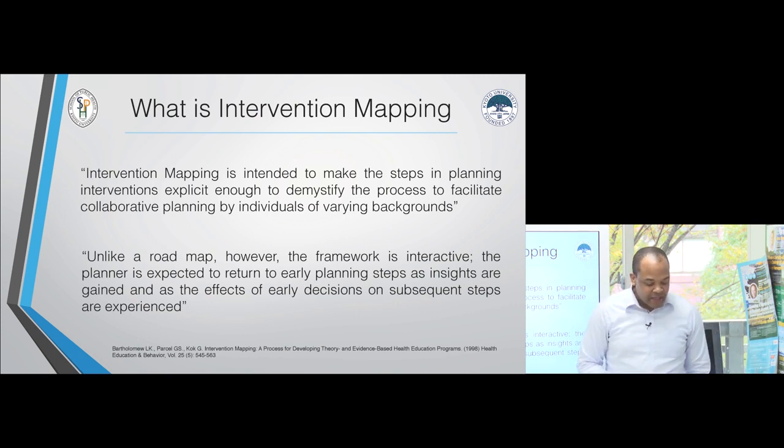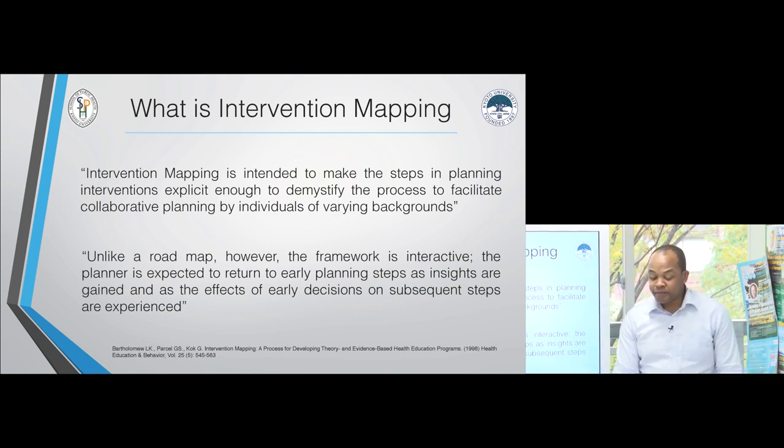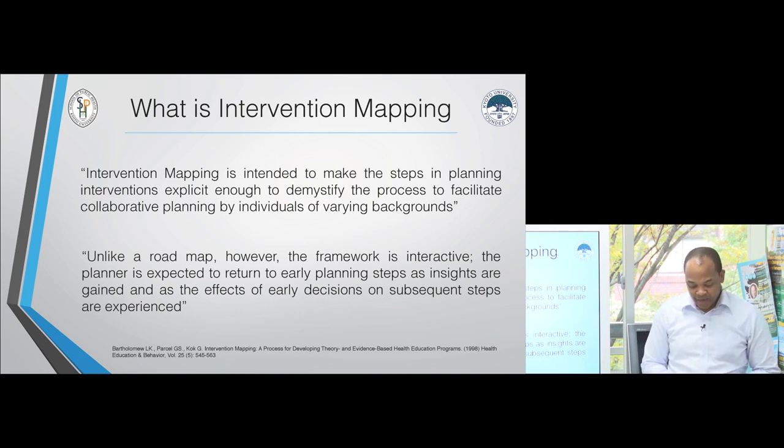So the authors write that intervention mapping is intended to make steps in planning interventions explicit enough to demystify the process, to facilitate collaborative planning by individuals of varying background, so the interdisciplinary part of it.